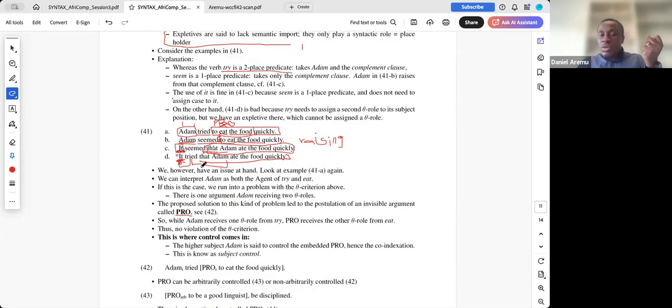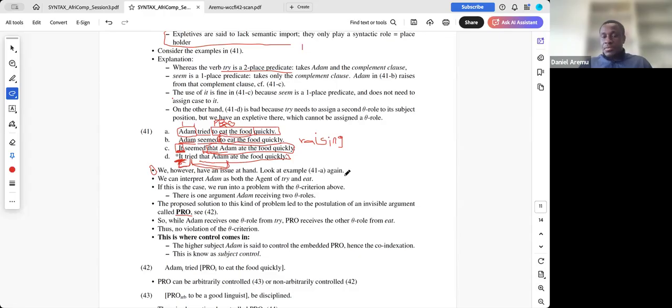So if the first theta role has been assigned to this embedded clause, the second position, because try is a two-place predicate, must also be assigned the second theta role. By the time it gets to this point, there is no argument here. It is not an argument, so we have an ungrammatical sentence because it cannot take a theta role. Now, with what we just saw, we have an issue at hand. Look at 41A again.